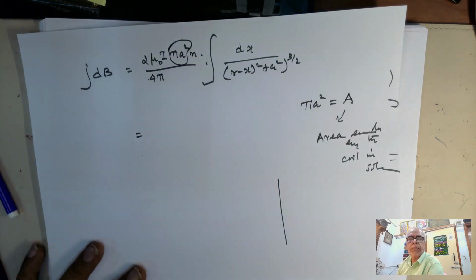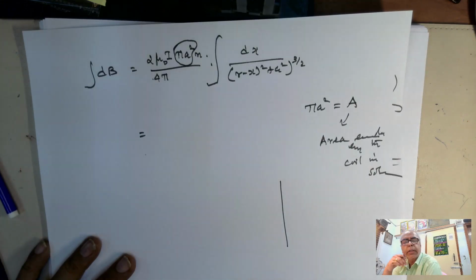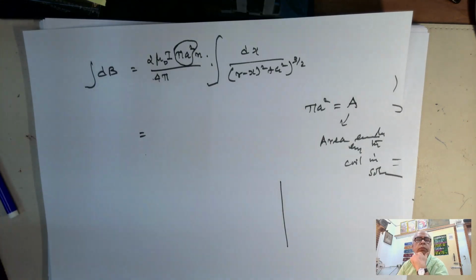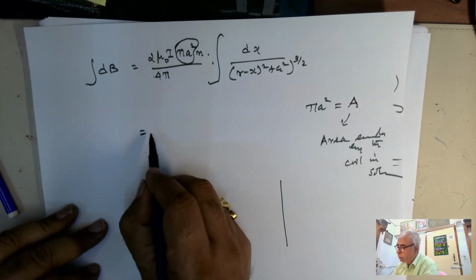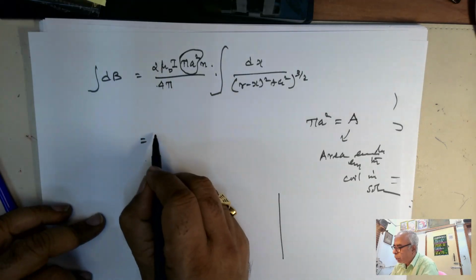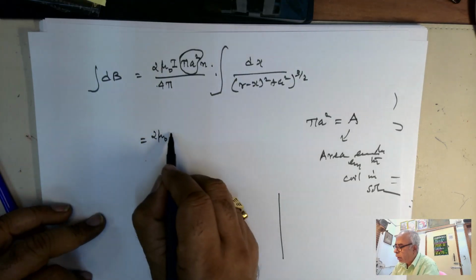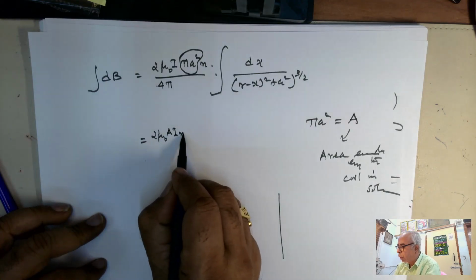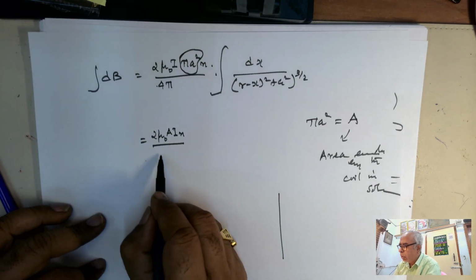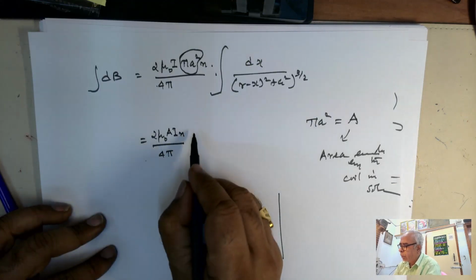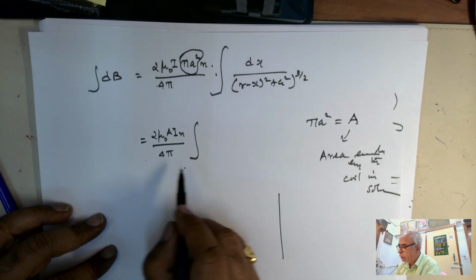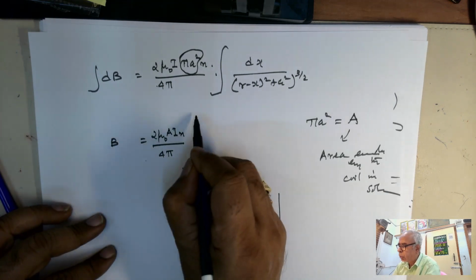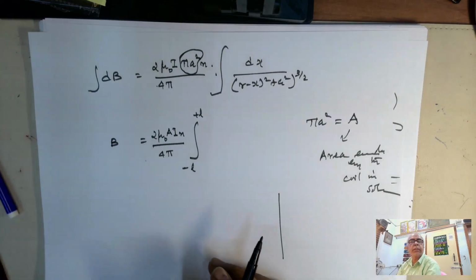Now 2 mu naught A I into small n divided by 4 pi into the integral between the limits minus L to plus L, and this becomes B.